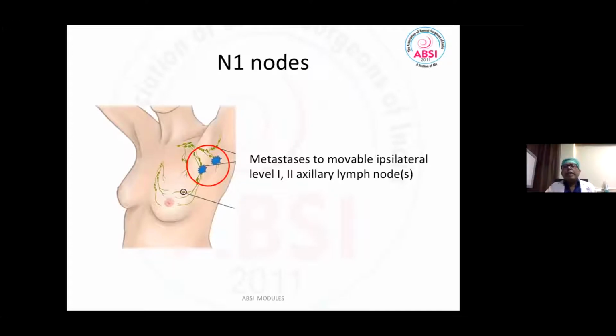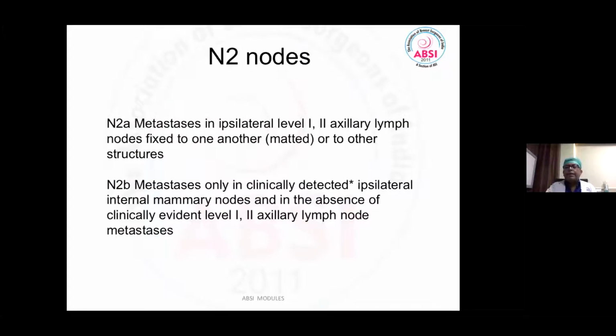In the node, as you know, N1 means there is a palpable node in the ipsilateral axilla. N2a is when you have a node which is fixed. It involves the ipsilateral axilla. N2b is when there is an ipsilateral internal mammary node. And believe me, when they talk about that, they are adding a sort of clinico-radiological assessment, because it is very difficult to actually understand.